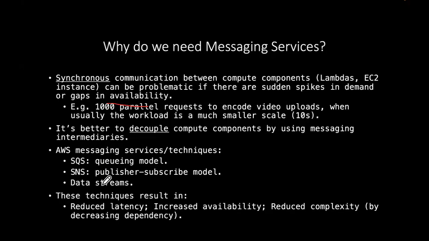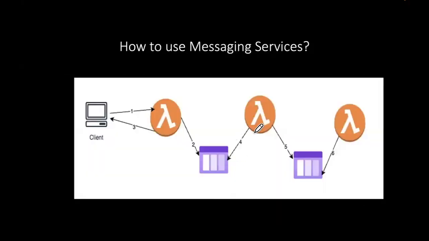Let's go back to here. So I'm saying there is reduced latency, increased availability. What I mean by that is, supposing this Lambda is running on an AZ that's currently inaccessible. That doesn't matter, because this Lambda can continue to write messages to this queue as it's working its way through the different videos that it needs to scan.